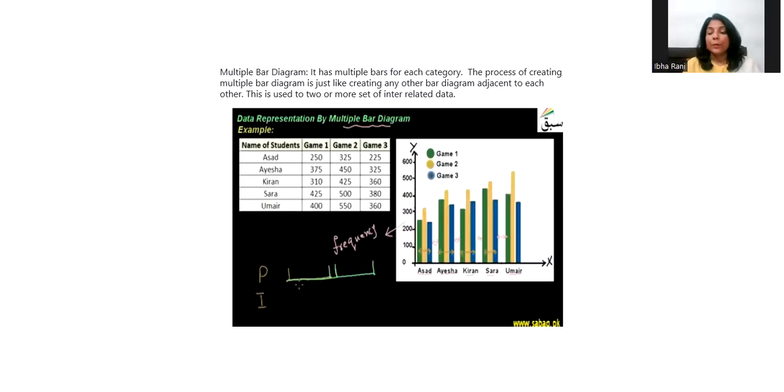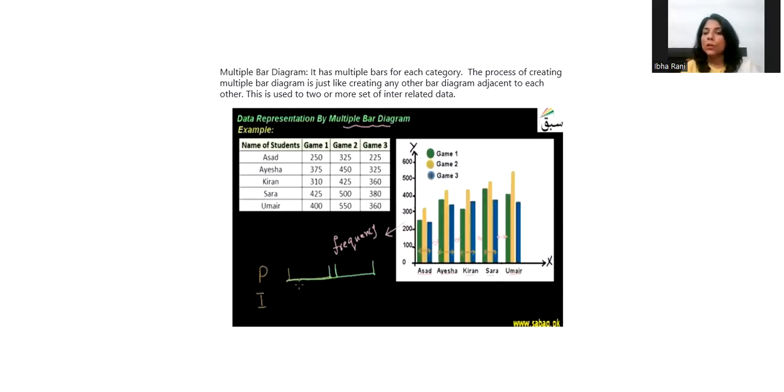It is important, whenever you are drawing the multiple bar diagram, that different bars have to be filled with different colors, different symbols, different icons, so that we can depict it. For example, game 1 here was in green color, game 2 is in light yellow, and game 3 again is some blue color, so that we can easily identify.